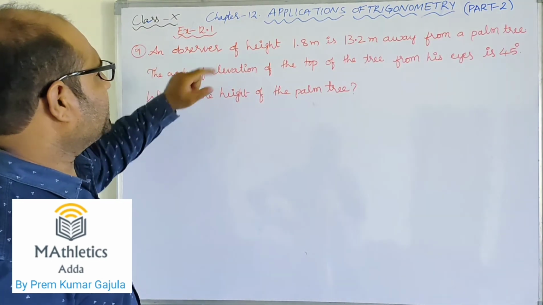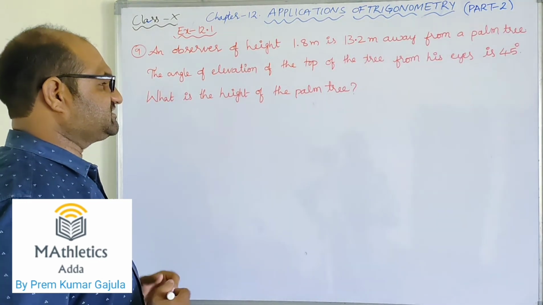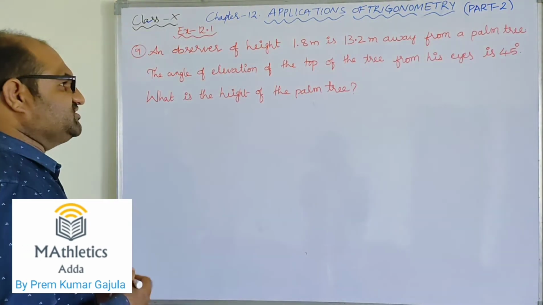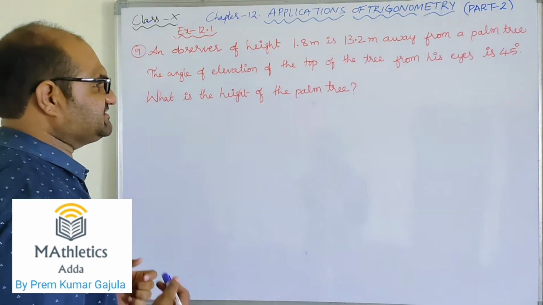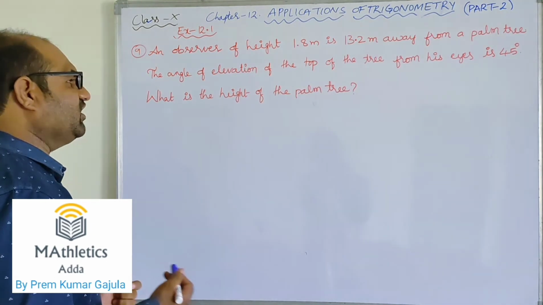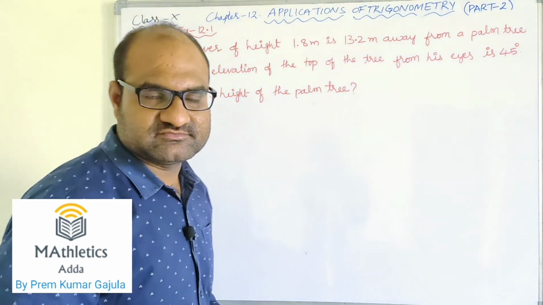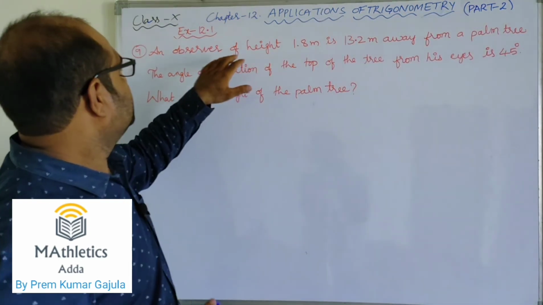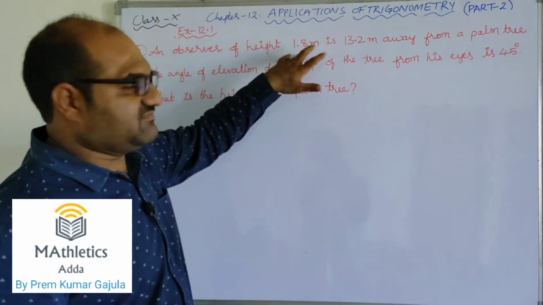An observer of height 1.8 meter is 13.2 meter away from a palm tree. The angle of elevation of the top of the tree from his eyes is 45 degrees. Then what is the height of the palm tree? Here one thing you should understand: the height of the observer is given.